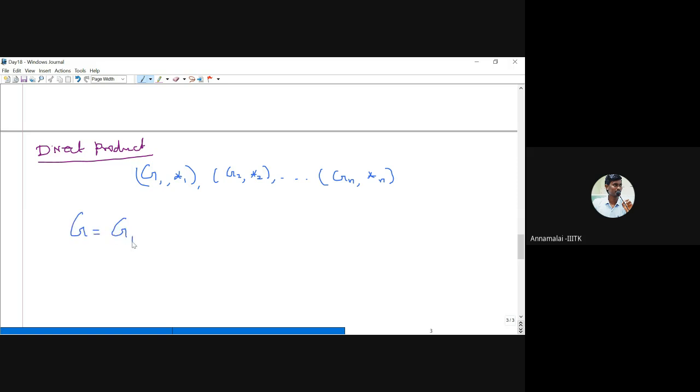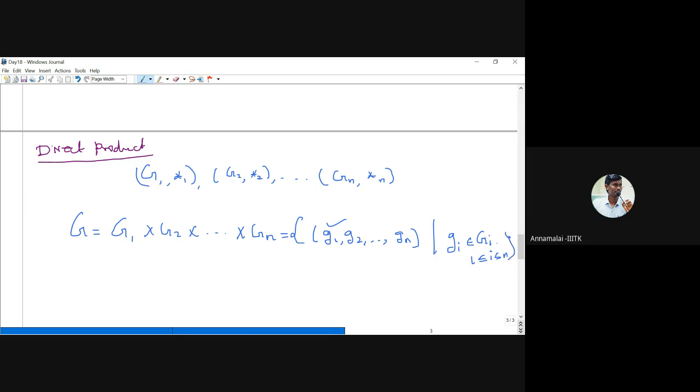We usually write G1 cross G2 cross etc. cross Gn. Every element is an n-tuple (g1, g2, etc., gn), where the first element small g1 comes from capital G1, and so on. Therefore gi belongs to capital Gi, where i lies between 1 and n.